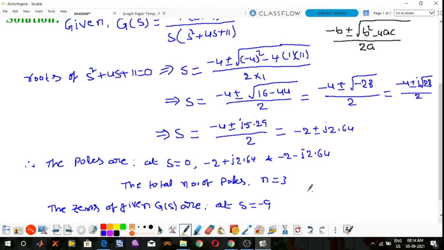So the total number of zeros is m = 1. So that is the first step, to determine poles and zeros.